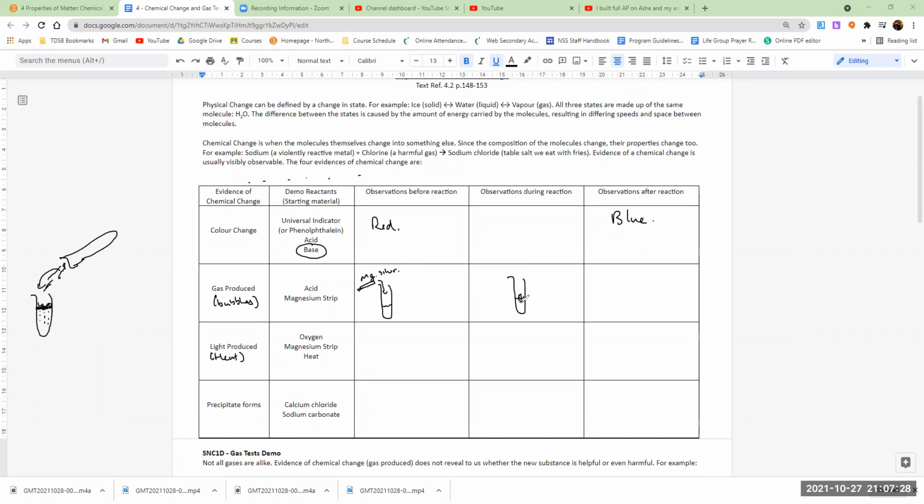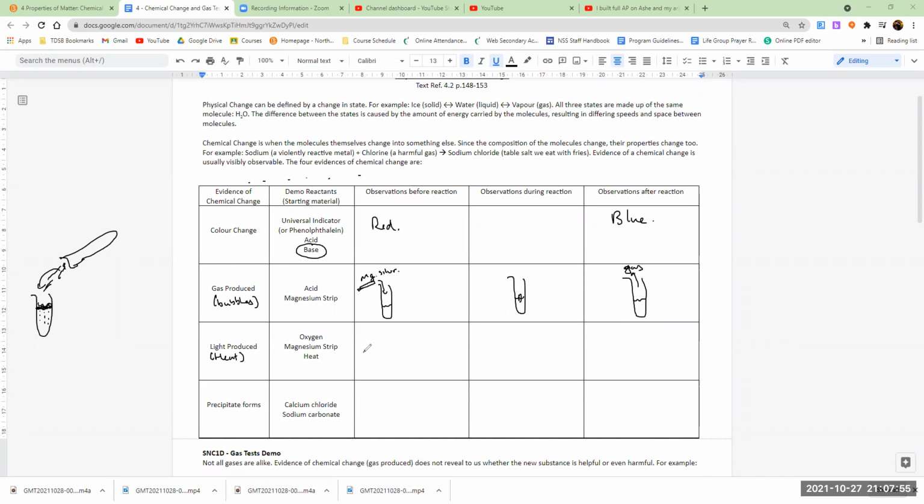The areas where the solution came in contact with the metal started to fizz quite a bit and produce bubbles. And you can hear it. You can feel the heat as well, actually. And by the end of it, the metal was all, quote unquote, used up. There was a bunch of gas that was produced, and the remaining solution was just sitting there doing nothing. It wasn't this color, it was just clear.